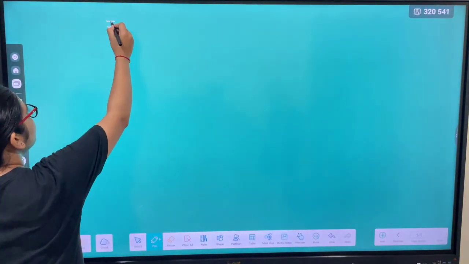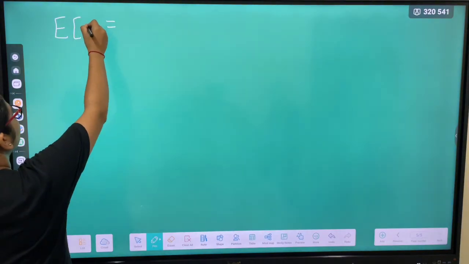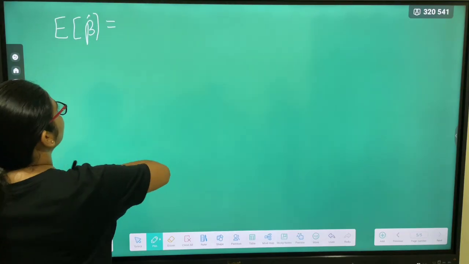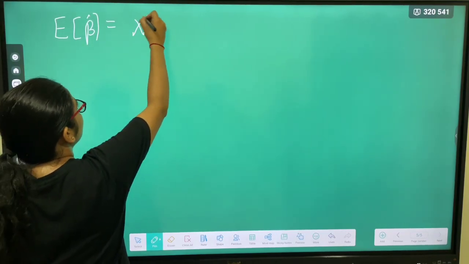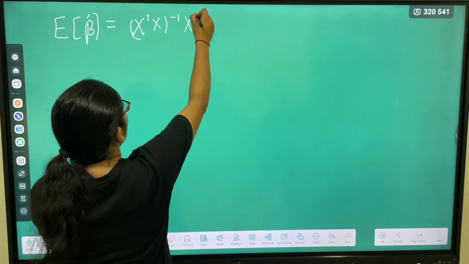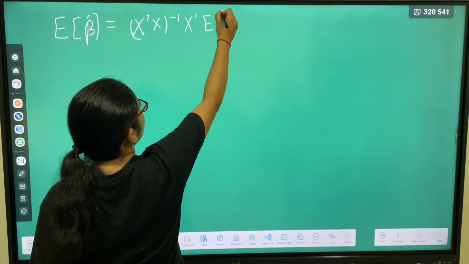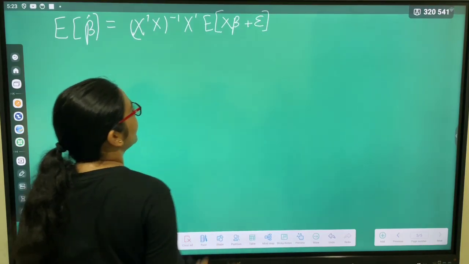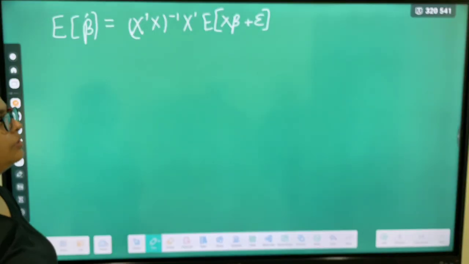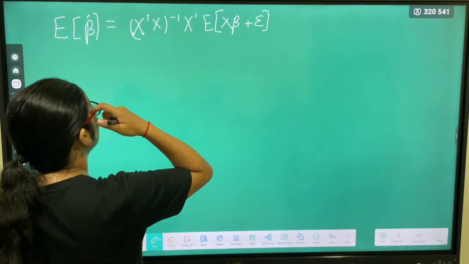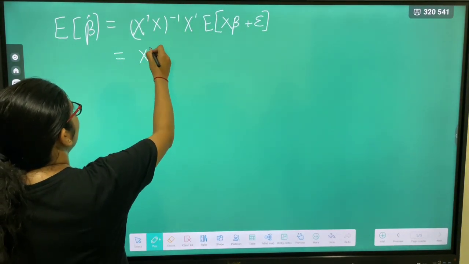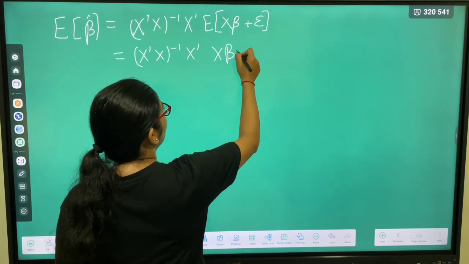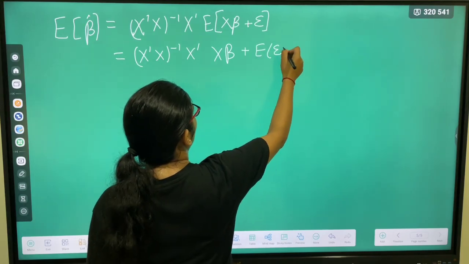Now we can write it as x dash x inverse x dash, expectation of y, which can be written as expectation of x beta plus epsilon. Here again x and beta are treated as non-random, so we can take them out of the expectation and we are only left with x dash x inverse x dash x beta plus expectation of epsilon.